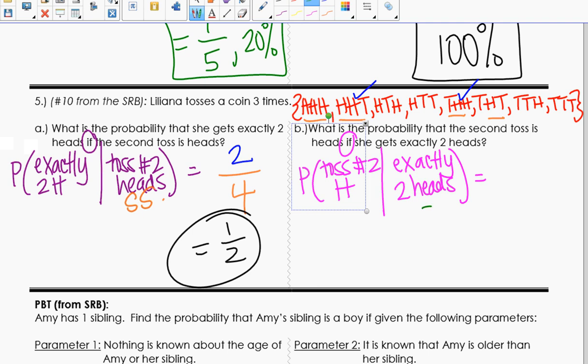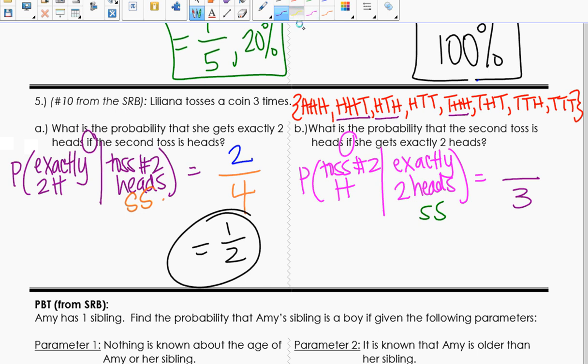So, knowing that, I'm going to look at this differently and say, okay, that means my sample space is exactly 2 heads. So this one falls into that category, this one does, and that's it. So my sample space, there's only 3 options there.